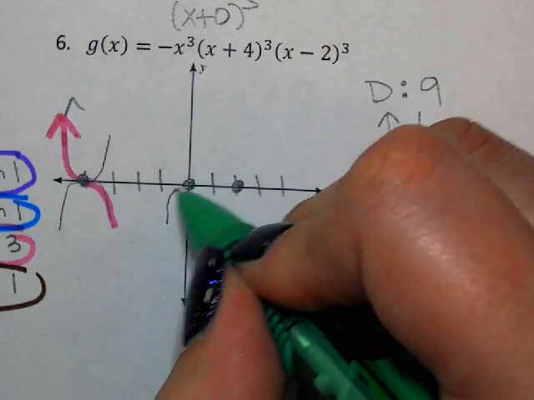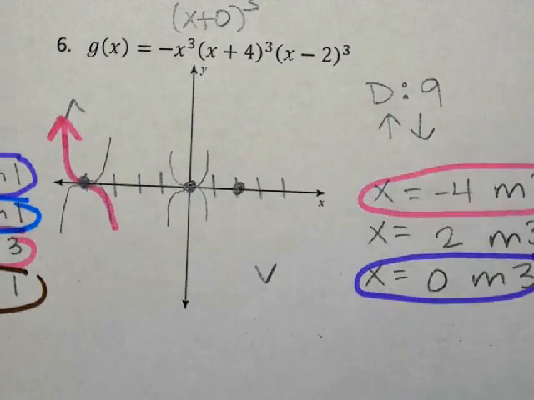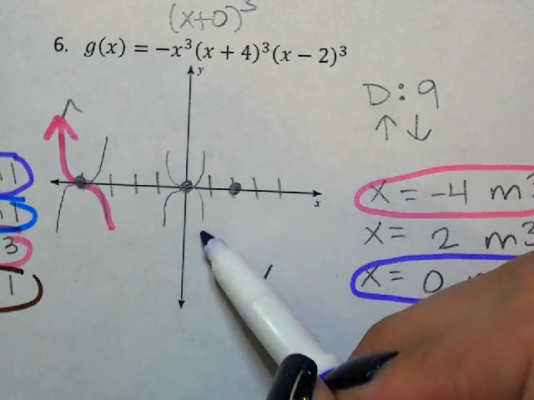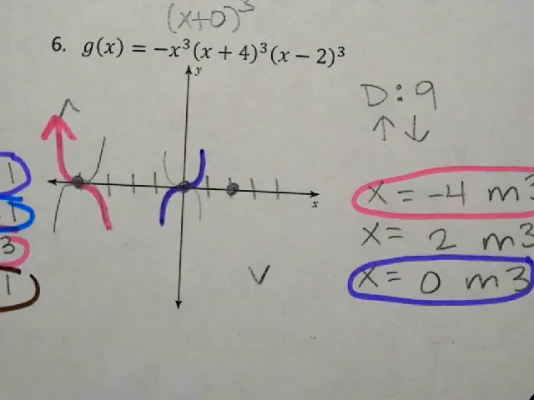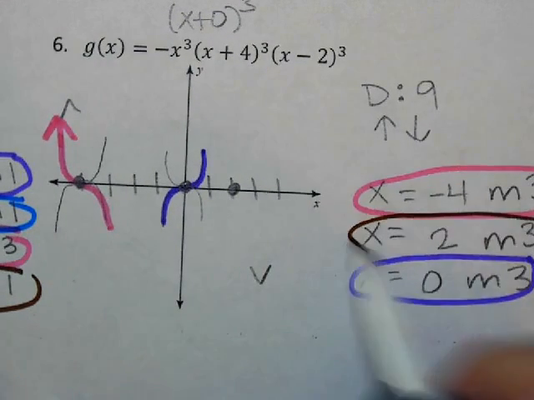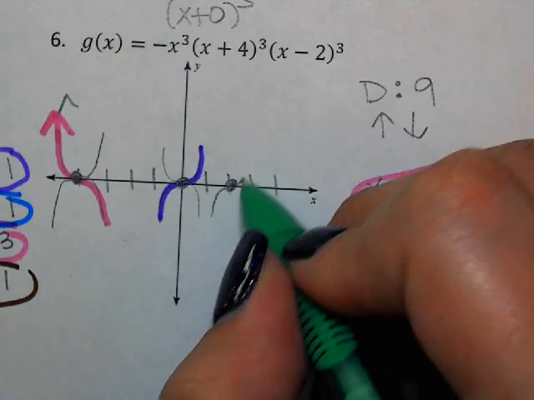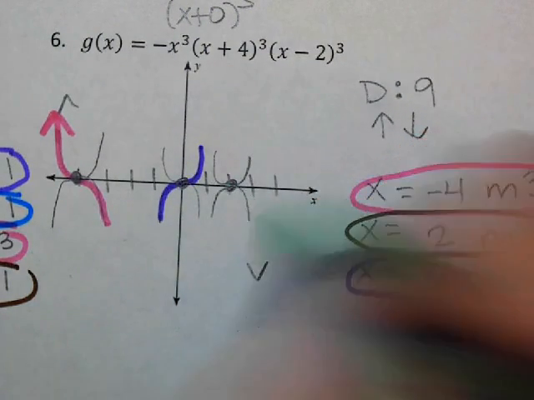Up or down? Going down or going up? Going up. Okay. And then for 2, are we going up? Or are we going down? We're going down. Okay. And then we do a little whoop.